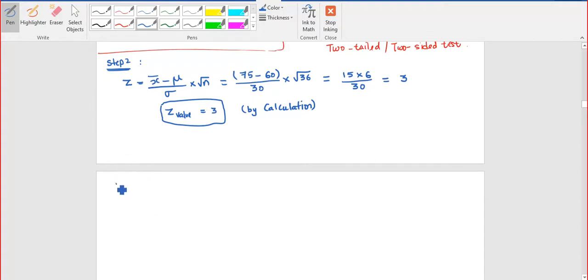So step 3 is to find the z value from the table. We have a z table, which has the standard values we require for comparison and finding the critical region.